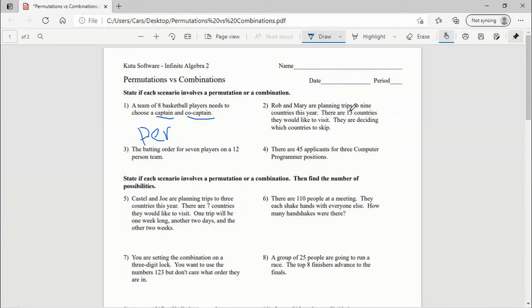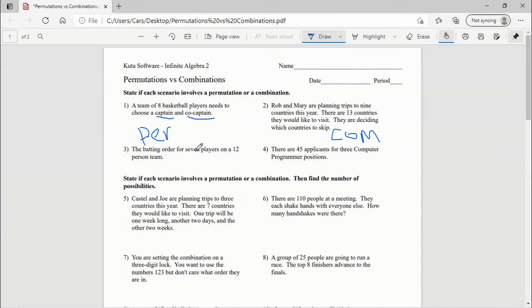They're just going to 9 out of the 13. Since there's no real explanation of which one they want to go to specifically, this is a combination. Because remember, order doesn't matter on combination. So they really don't care which ones. They're just going to skip a few.